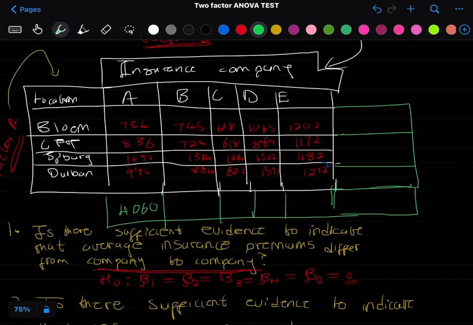Now we find 745 plus 725 plus 1384 plus 884, which is 3738. Then 968 plus 618 plus 1240 plus 802, which is 3302.